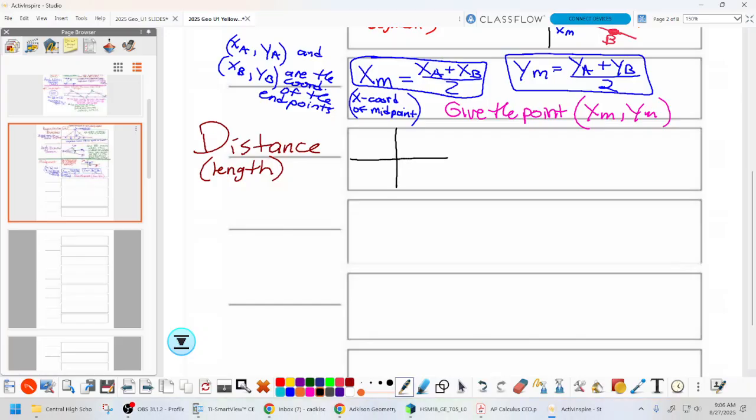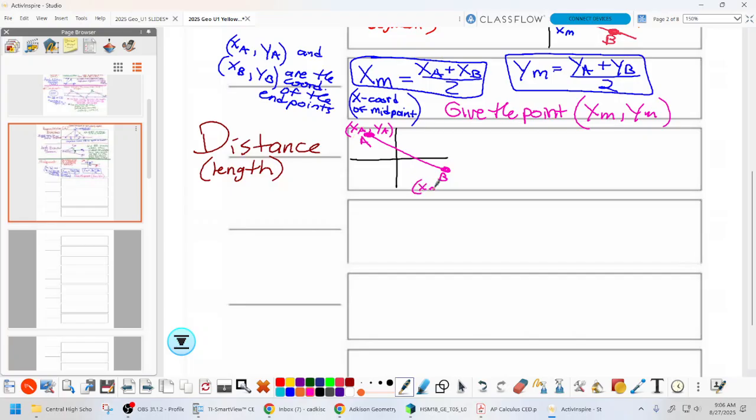So we're going to draw the same idea of a graph here, but this time we don't care about what's in the middle. We just care about the two end points of the length. And of course we know that both of these will have coordinates, right? So this will be xa, ya, that's the coordinates of that point.